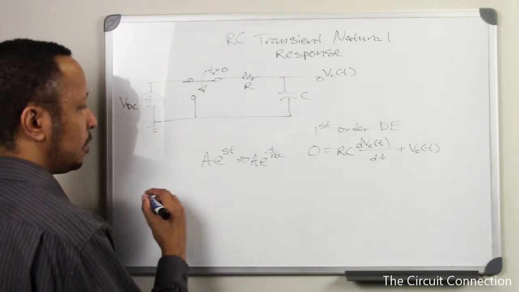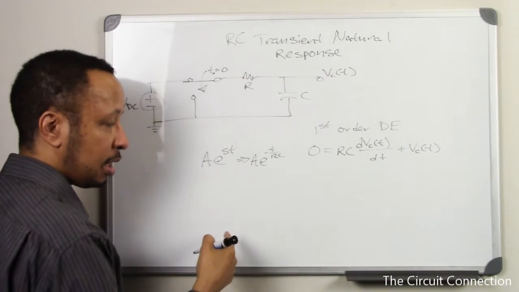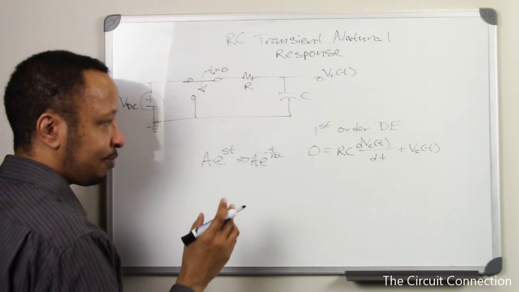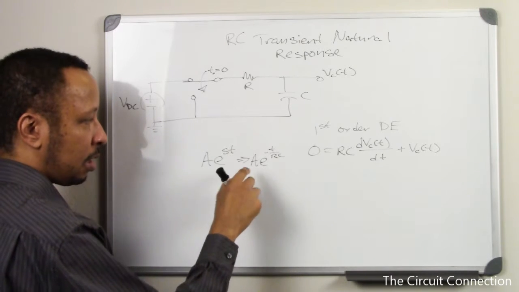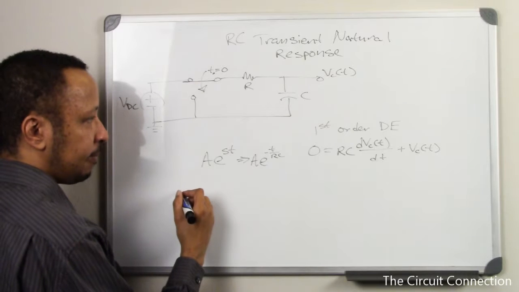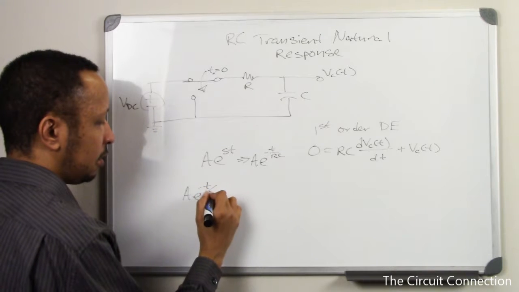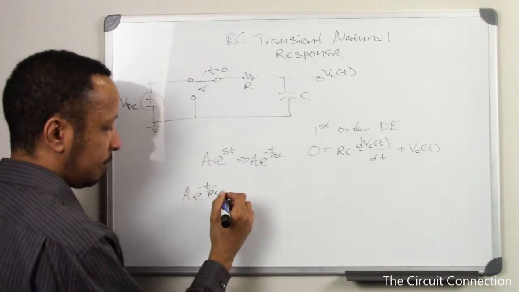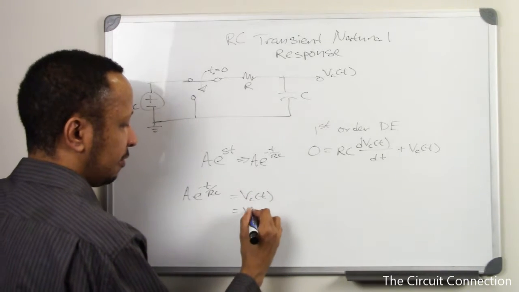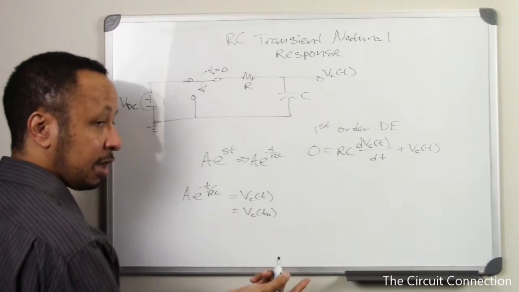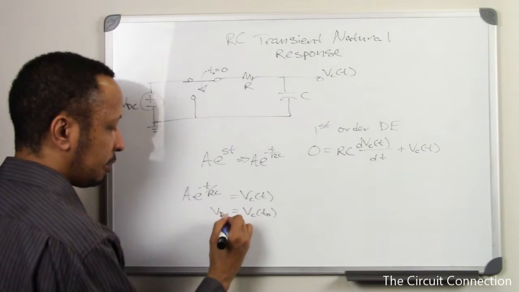So this is our intermediate solution. It's not general, but it's not completely solved. We're going to say that A times e to the negative t over R times C equals Vc of t. Now, Vc of t sub 0, as we just discussed, is equal to VDC.